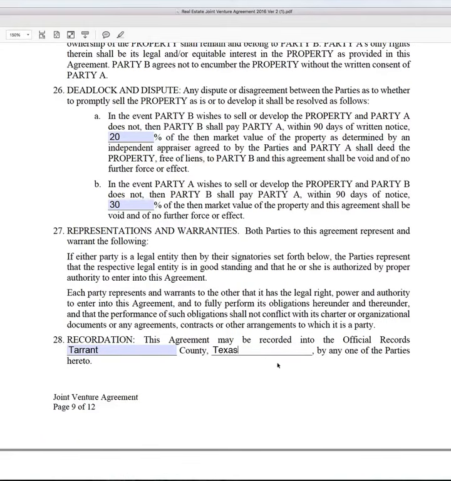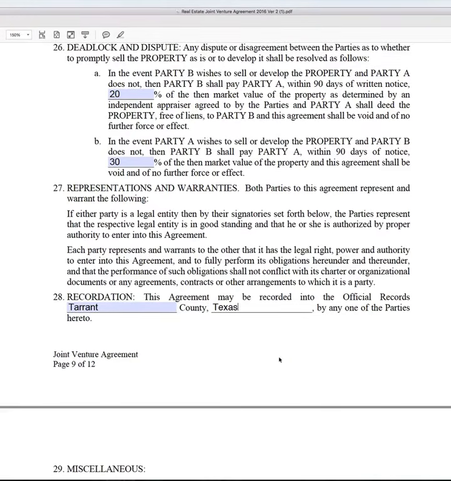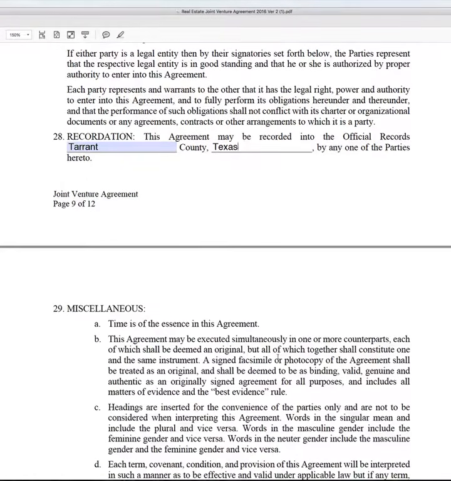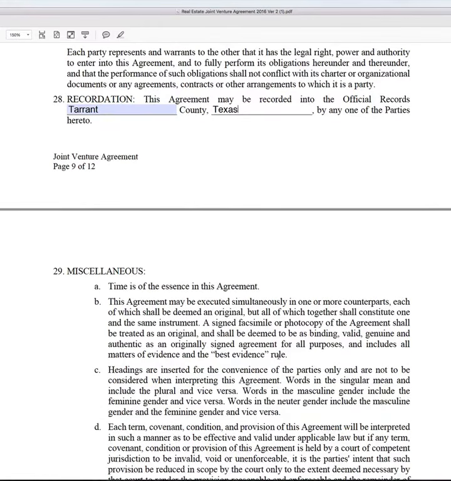And so this ensures that if somebody did try to sell the property, Party B tried to sell the property without Party A's knowledge, then escrow will pick this up on title, and they'll know that they have to pay Party A, or at least contact Party A, to figure out what the heck is going on with this property and the agreement. Okay.